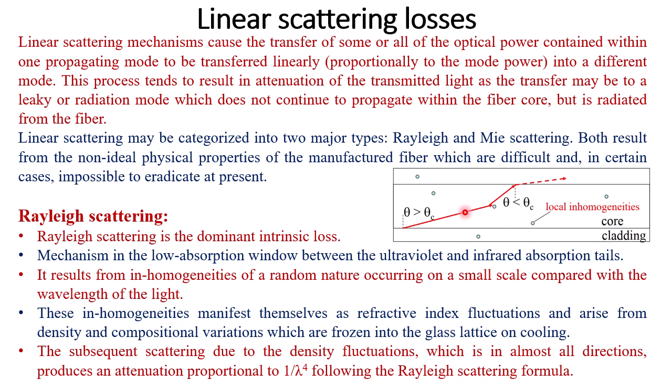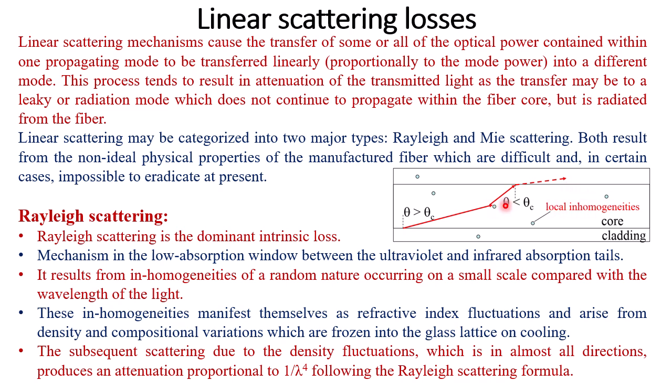Now what happens? Light should follow this path, right? If there was no inhomogeneity, it should move in this direction, and then it would have a total internal reflection and it will come back to the core.